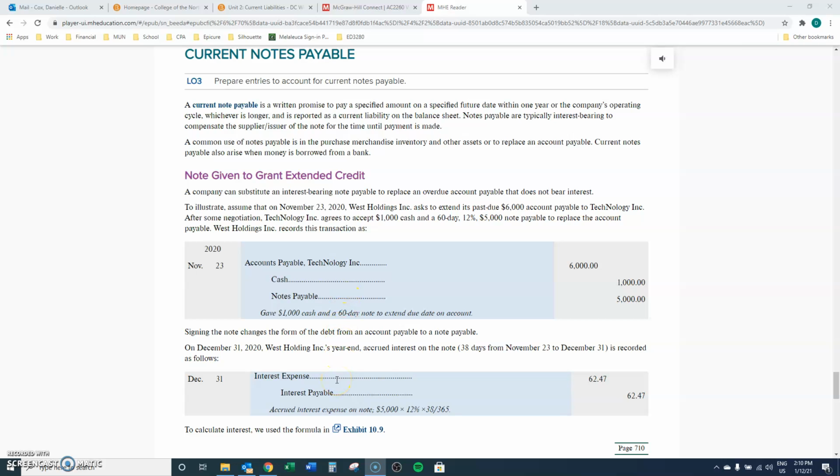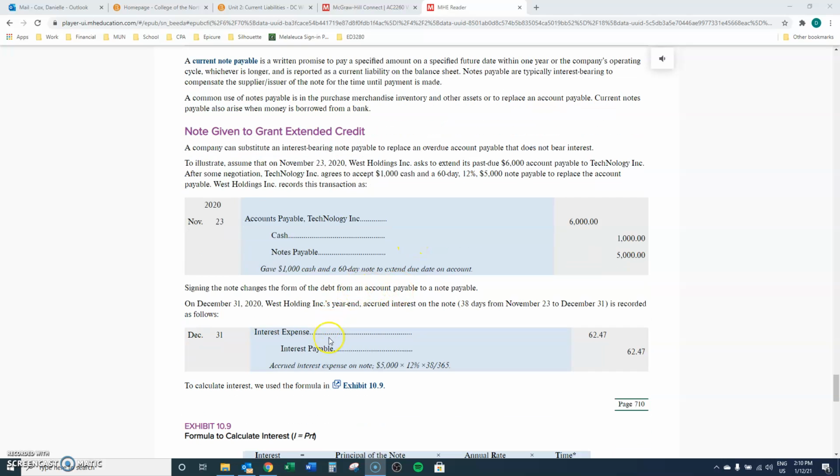And then, so it was 60 days. So I should actually look at this. So on November 23rd, this was $6,000 payable. They agreed, they took $1,000 and the rest was on a 60-day, 12% note. Okay. Now at December 31st, at their year end, they have to accrue the interest that has been earned. So you take $5,000 times the rate, 12%, times the portion of time.